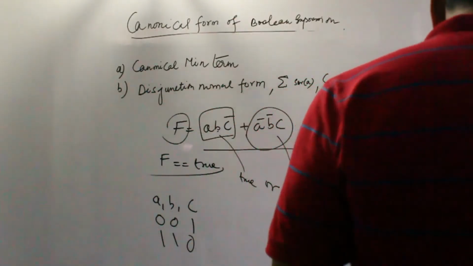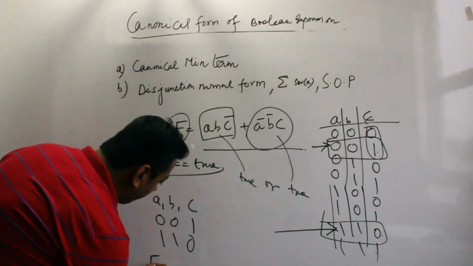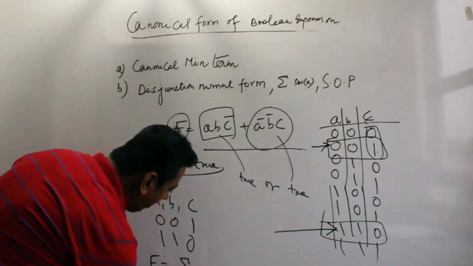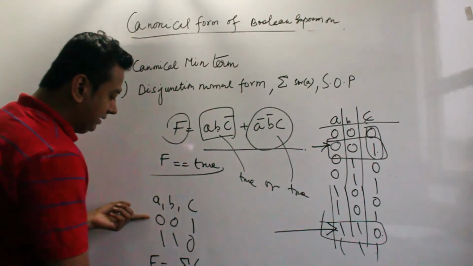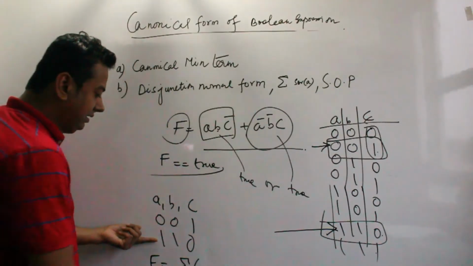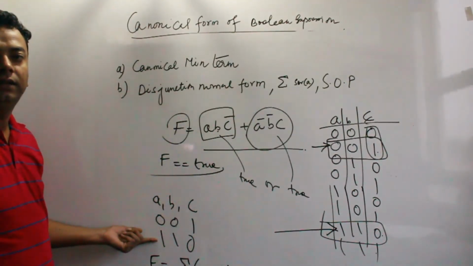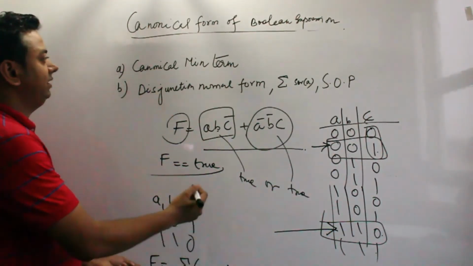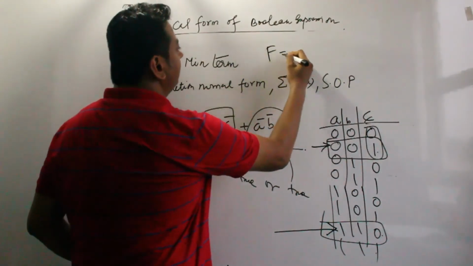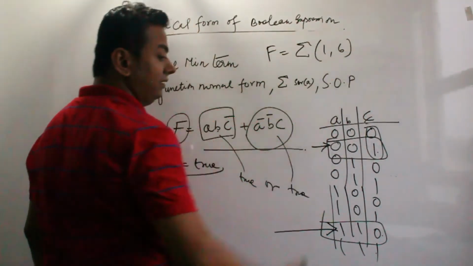So this is what I can write: F as a sigma of this is 1 and this is 6. Right? Maybe it is not visible. I should write here: F is sigma of 1 comma 6.